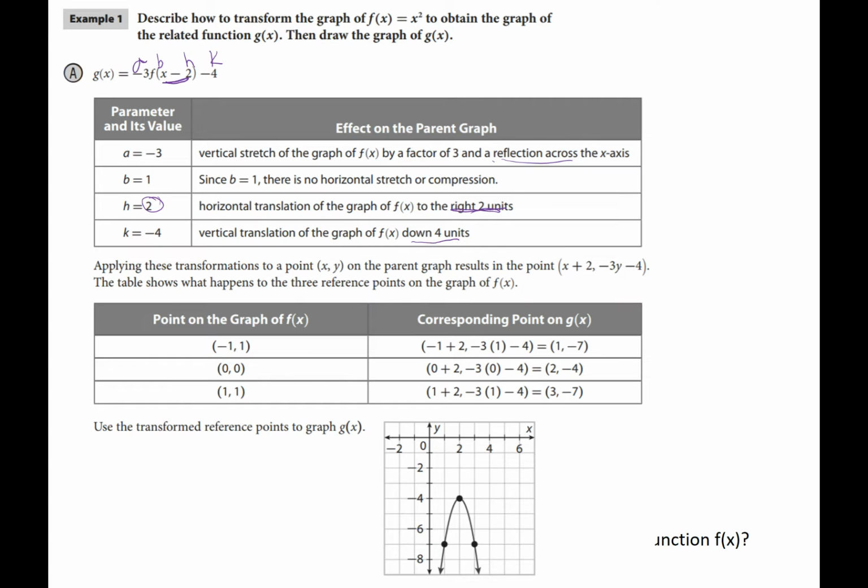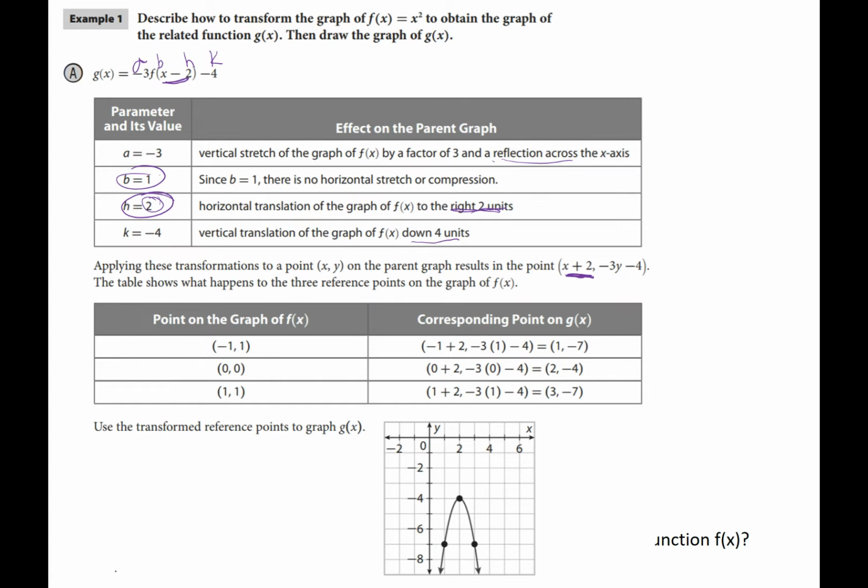So if we're going to actually apply these transformations to actual points, and we want to look at what's going on with the x value, the x value comes from both the b and the h. So there isn't a stretch or compression, so there's nothing we would multiply the x by. But because we have a horizontal translation, we would add 2 to the x. So they're saying that we're going to take that x coordinate and add 2 to it.